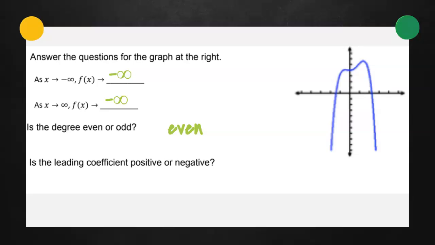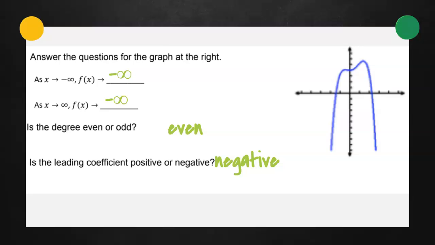I'm not really concerned as to what that degree is. I just wanted to know if it's even or odd. Now, is that lead coefficient going to be positive or negative? They're both pointing in the negative direction, like a parabola pointing down, so it is a negative lead coefficient.